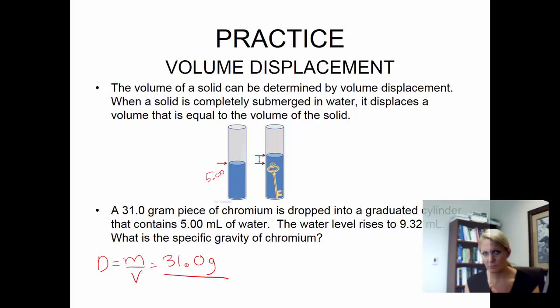Now I have a graduated cylinder, and we're going to pretend this is 5.00 milliliters, and then when I drop the chromium, here it's a key, we're going to pretend that it goes up to 9.32 milliliters. The volume of the object is the difference in the water level from the end after you drop it in and the start level. So 9.32 minus 5.00 is going to give us the volume, because that's the difference.